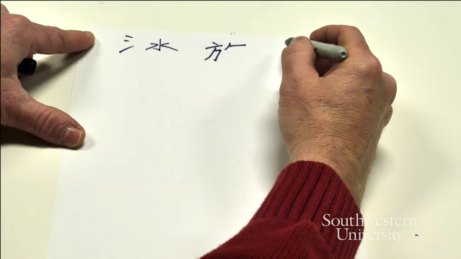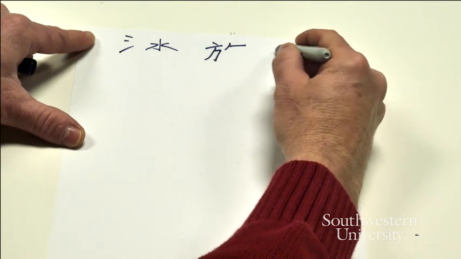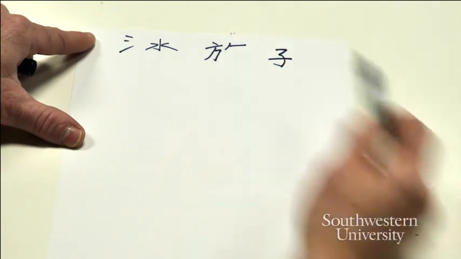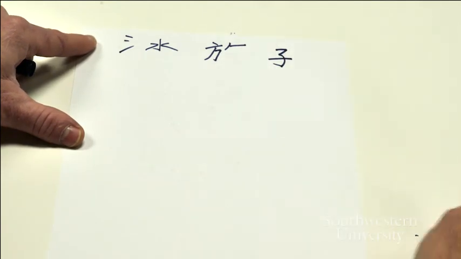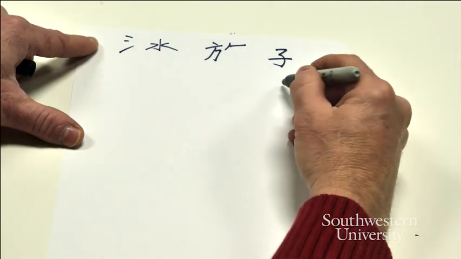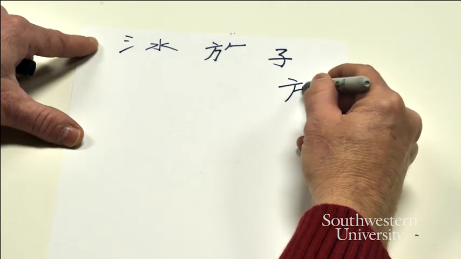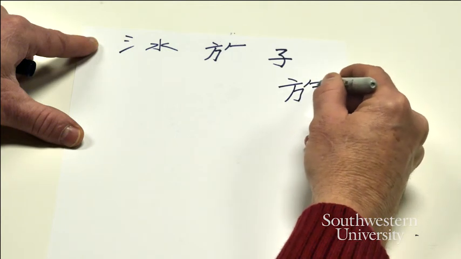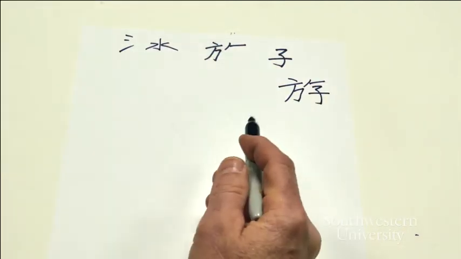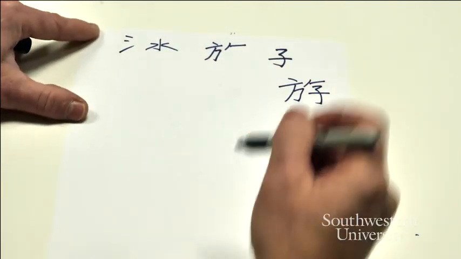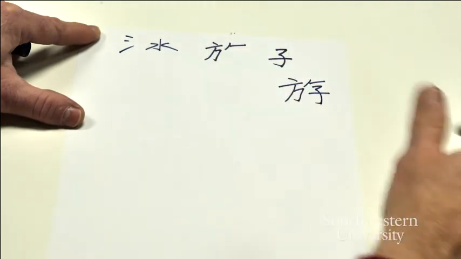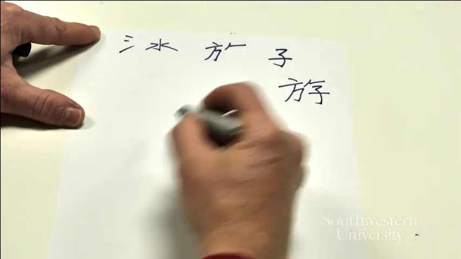It is combined with zi to form a new compound, which is phonetic in this case, you. So we have this particular type of flag or pennant called a you, and then the three drops of water are added to it for to wander, to float, to flow along the stream. We've learned it in to swim.